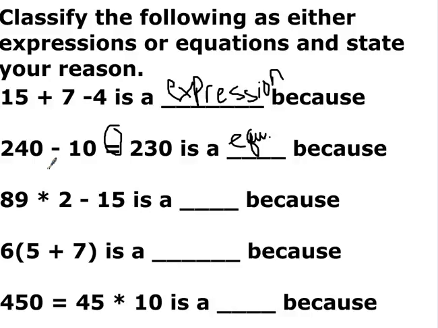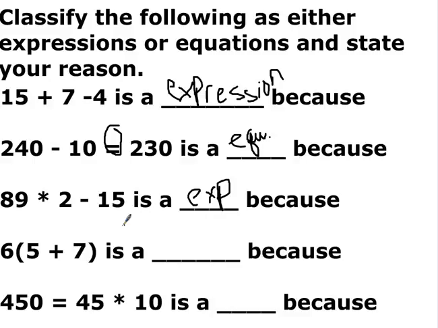And we're going to go with Dylan. And if you said this is an expression, you are correct. It's an expression, again, because you have numbers, operation signs, but there is no equal sign. So it is an expression, not an equation.